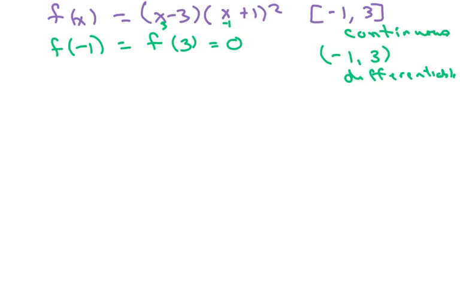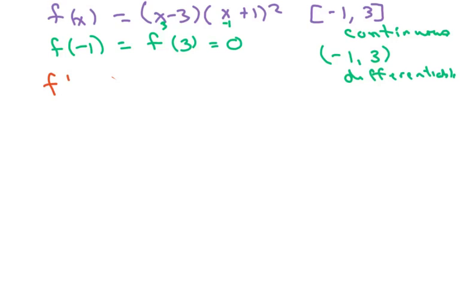Now, since that's the case, we've got to find all the values of c. So I'm going to take the derivative, and the first thing I'm going to do is FOIL this out. Well, I don't think I am. I'm just going to take the derivative.